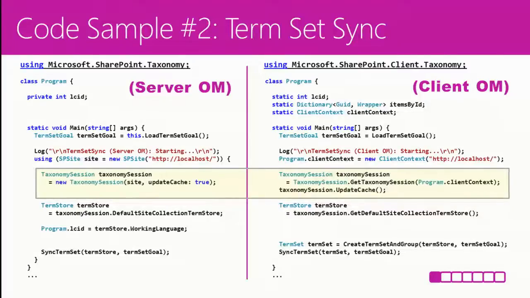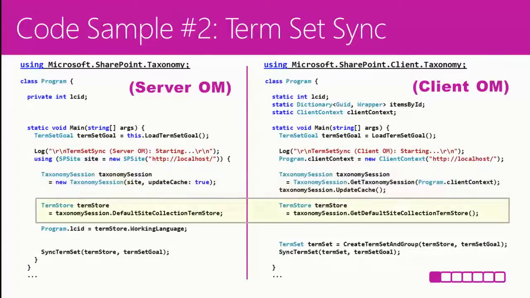The reason for that is because there are these transactions. With the client OM, you do a series of operations, then you call execute query, and it will basically play back the script of all the stuff you've done up until that point. So with update cache, you need to call that again at the beginning of each of your batch of operations. So it can't just be a parameter to the constructor.